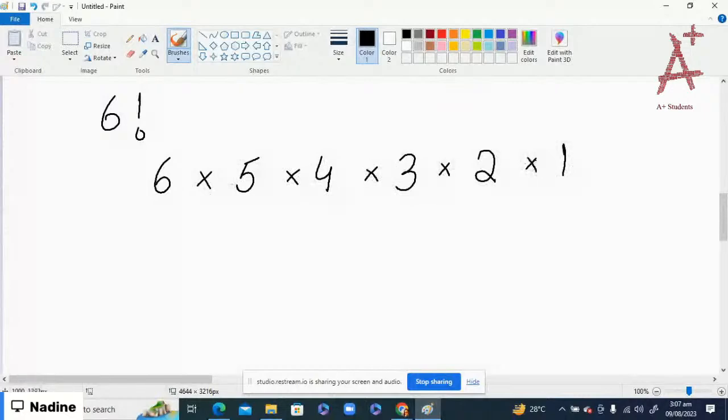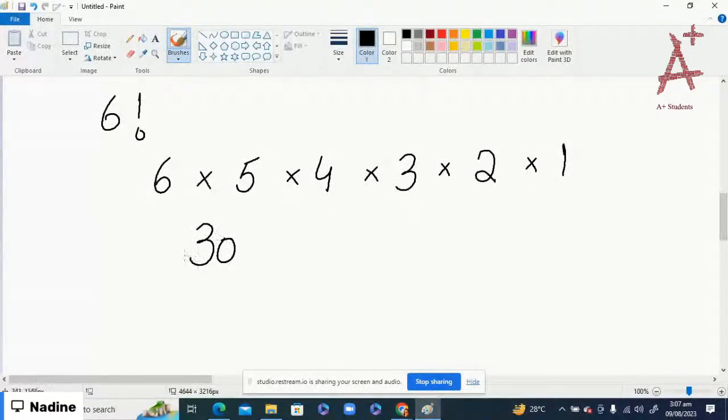Now let's multiply one by one all the numbers. Okay, let's multiply 6 times 5. What's the answer? 6 times 5, anyone? Okay, 6 times 5 is 30.